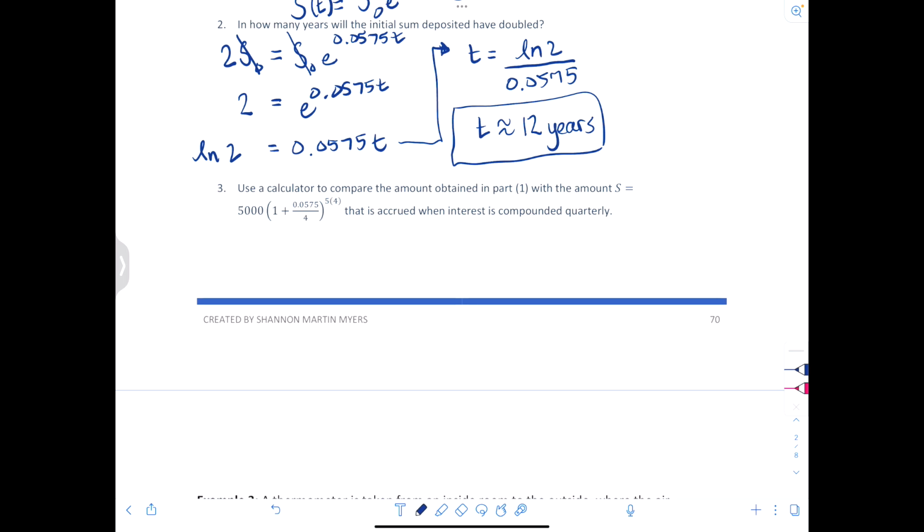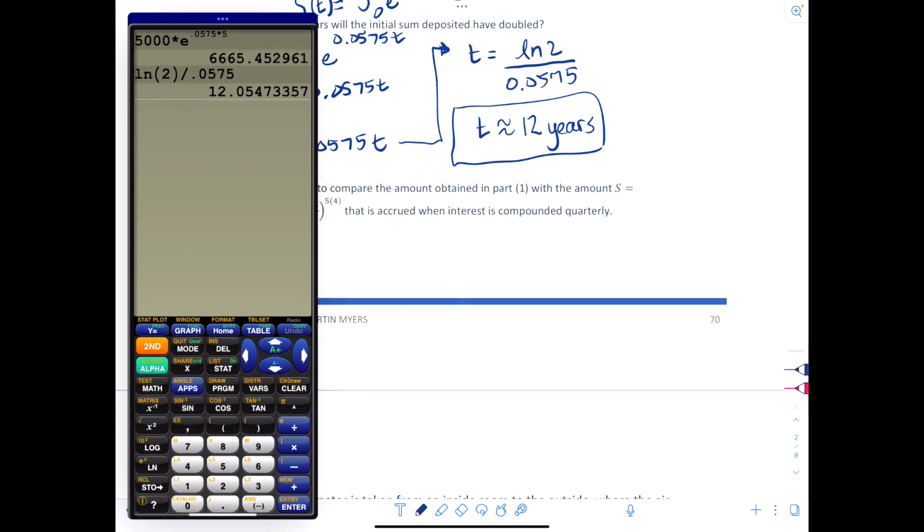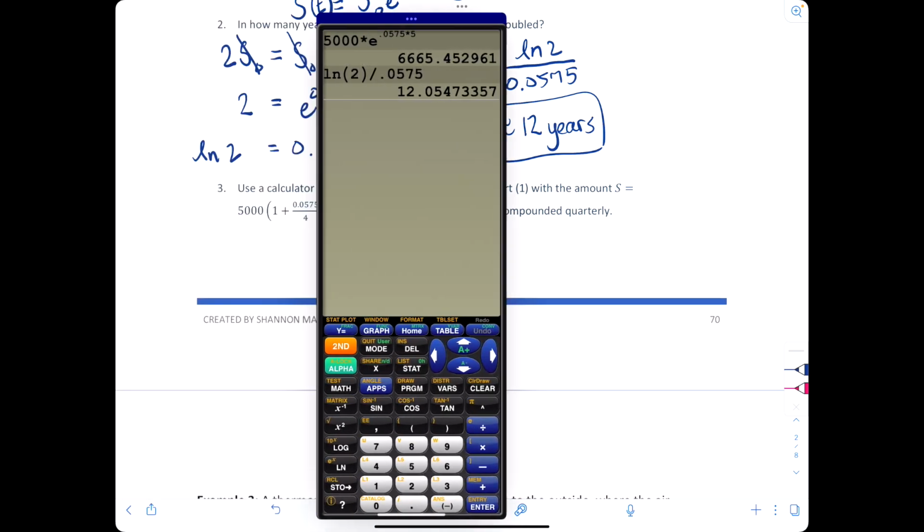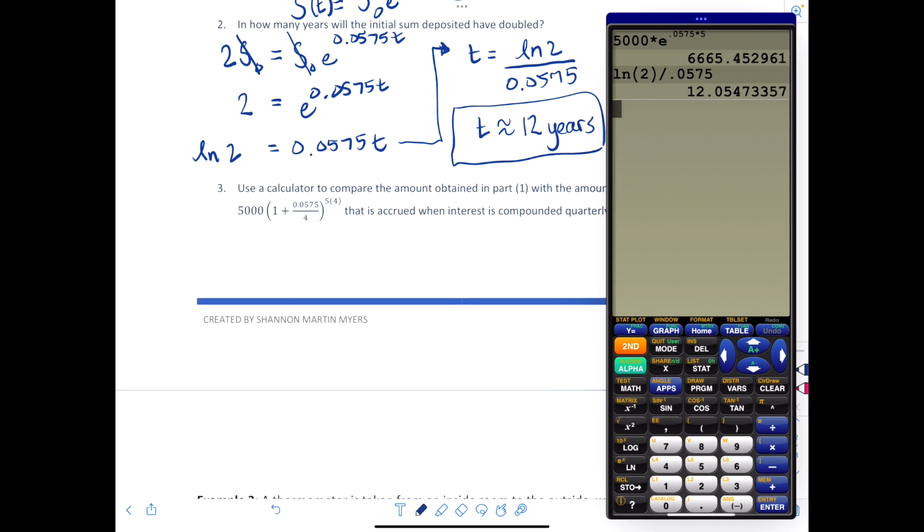Okay, so now this one is if you were only compounding quarterly. It's not as realistic, but it's interesting to see. So I set up the compounding quarterly situation for you.